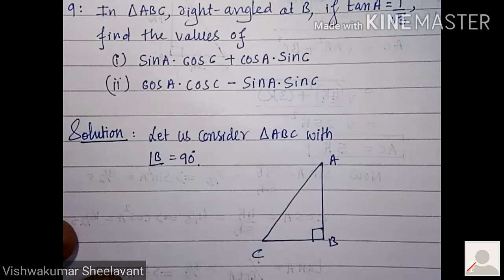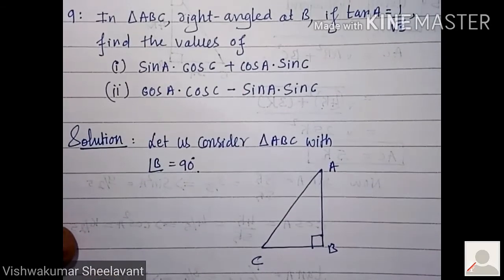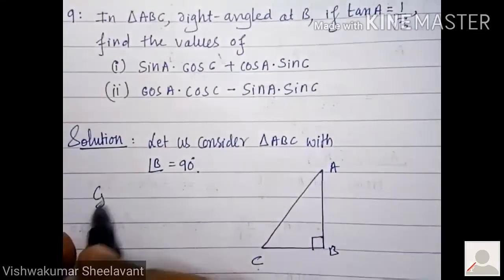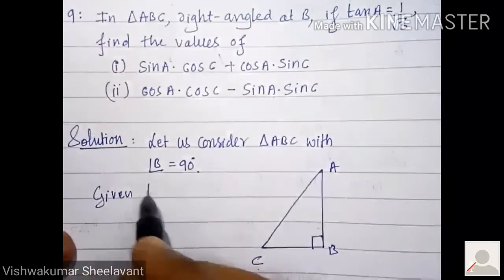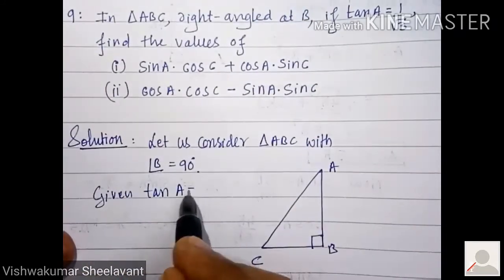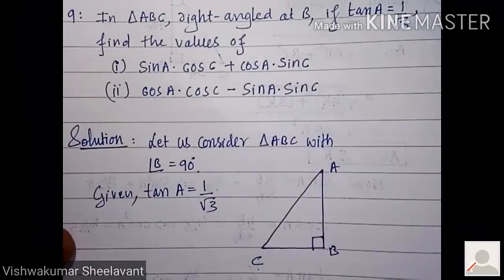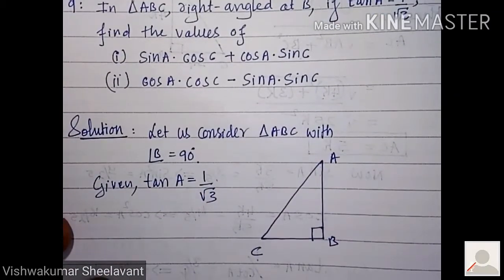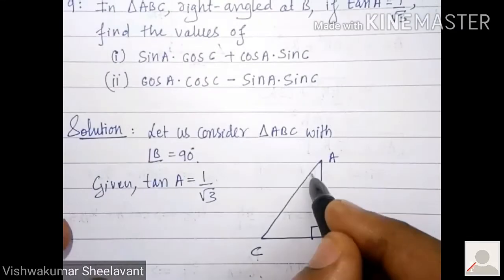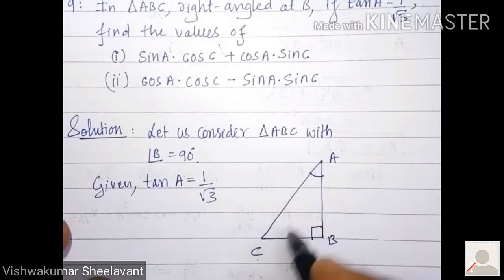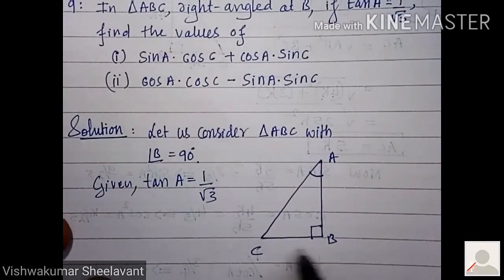What is tan A? Given tan A is equal to 1 by root 3. Opposite to angle A, we are having BC.